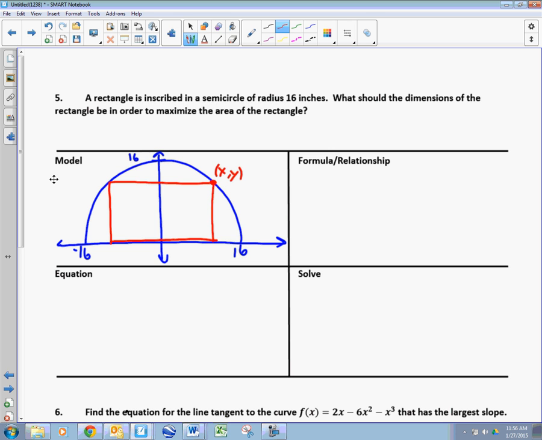Okay. Kind of like I did the last one, so tell me what to do. All right. Now what? Very good. 2xy.